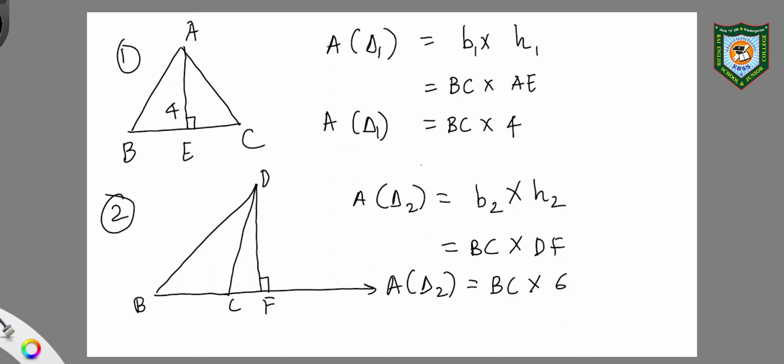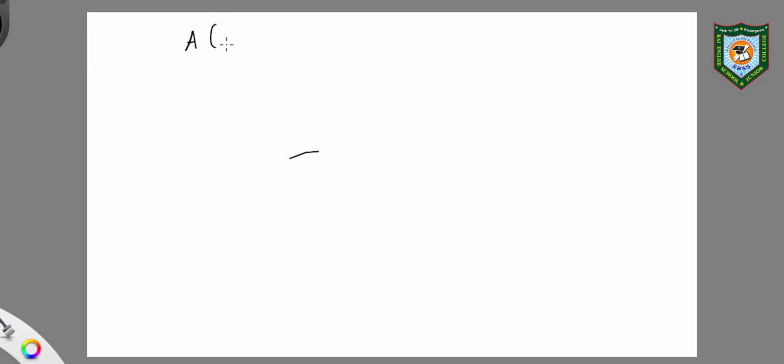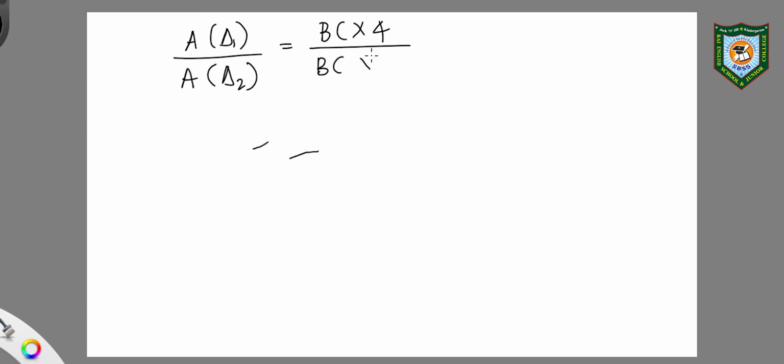Now all that is left is to divide these two values. So I have area of triangle 1 divided by area of triangle 2, which is equal to BC into 4 divided by BC into 6. Now as you can see, BC and BC is common, so all I have to do is cancel these values out.